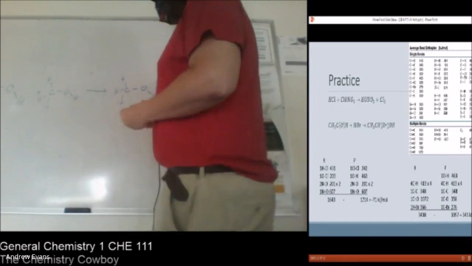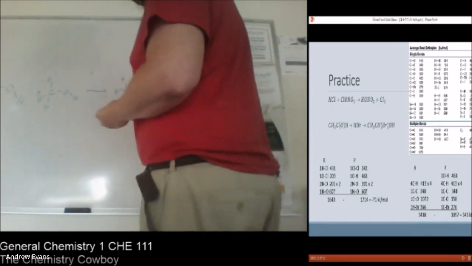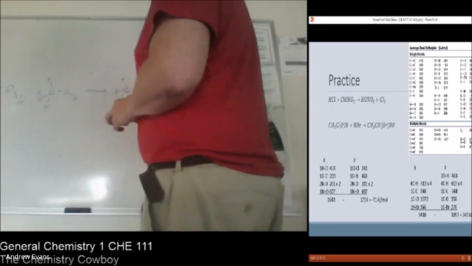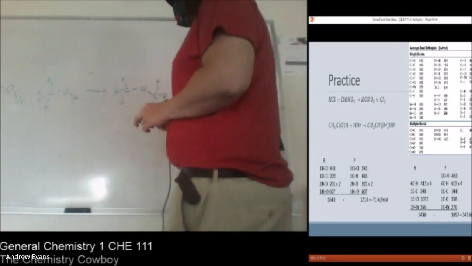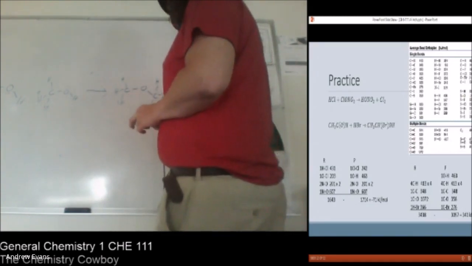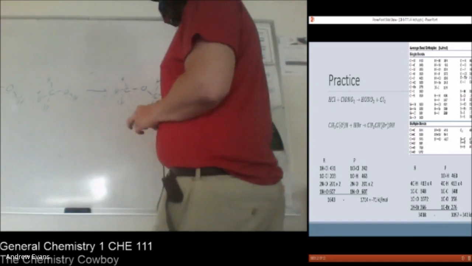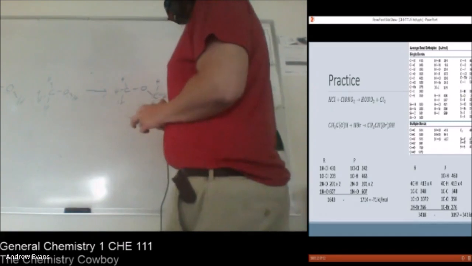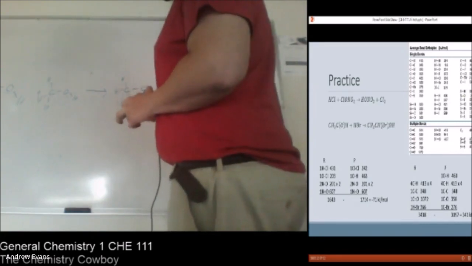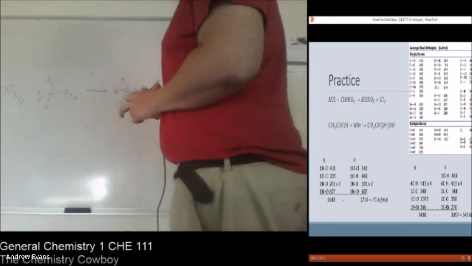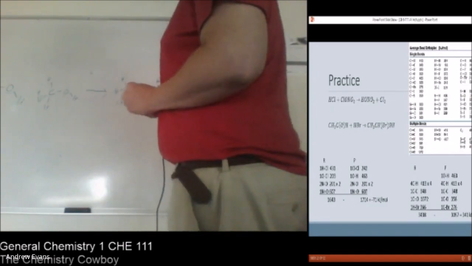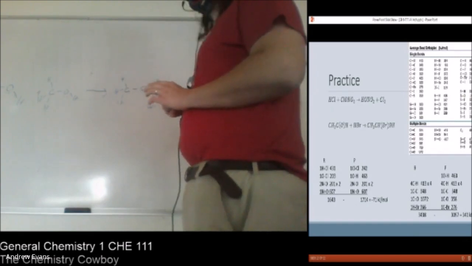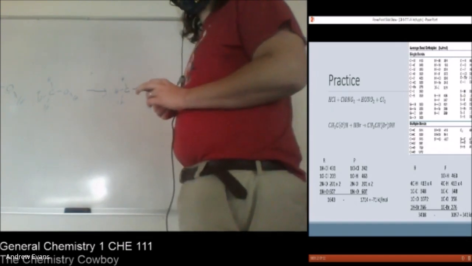Let's see. Actually, this, I'm not sure we can actually do this one. CO. Oh, well, no, this one's not a good one. Why? Well, because we have the same bonds on the left as we have on the right.